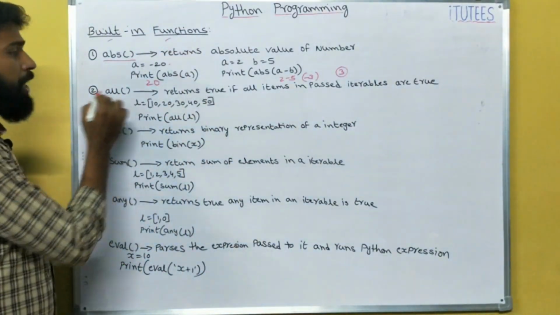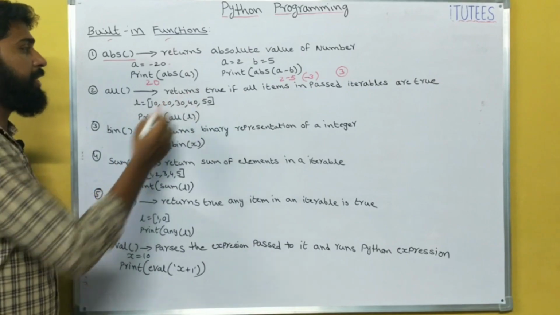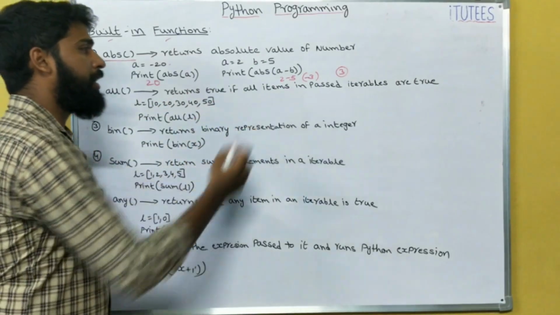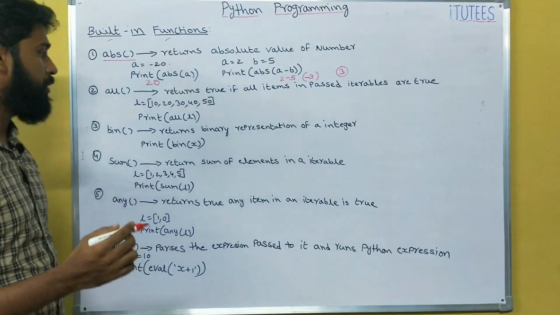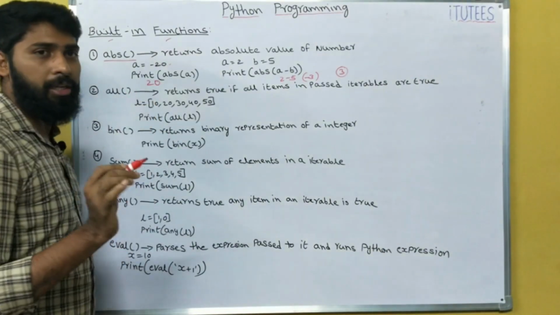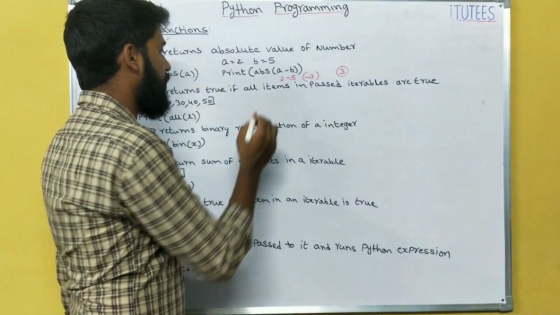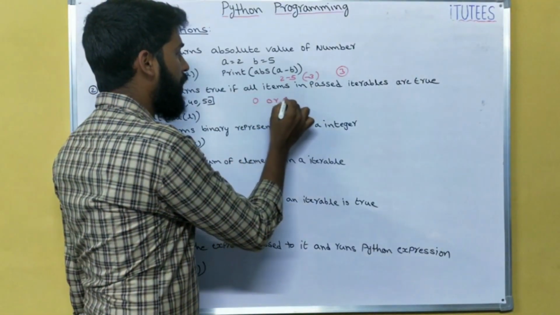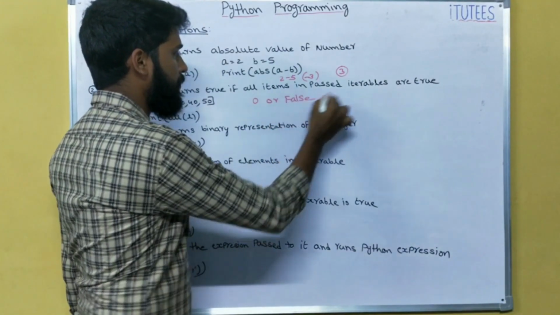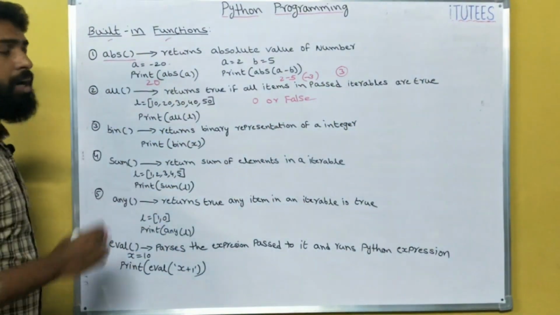Next function, all. It returns true if all items in the passed iterable are true. In Python, false is represented with 0 or the False keyword. So what does the all function do?